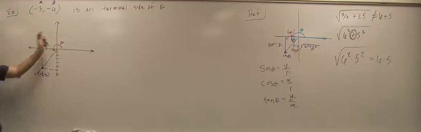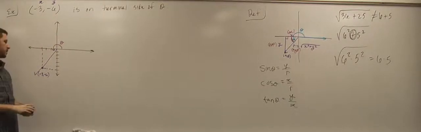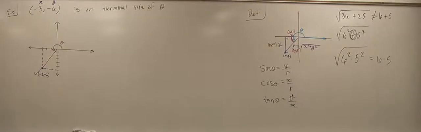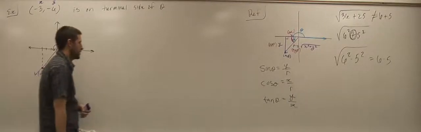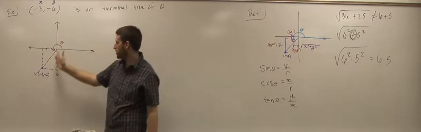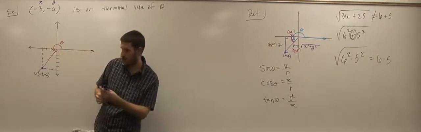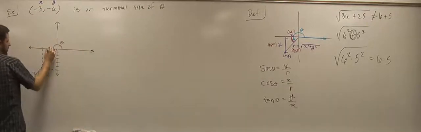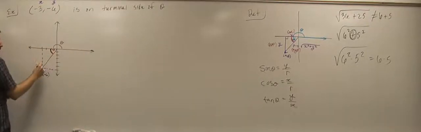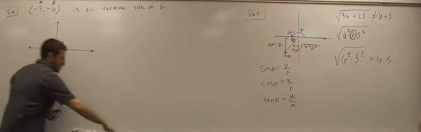Clearly theta is more than 90 degrees, right? It went past the 90 degrees. So what we're going to do to evaluate our trig functions is think about the terminal side of theta as forming a right triangle with the x-axis. Focus on this guy, which is your reference angle, and then form this right triangle here.